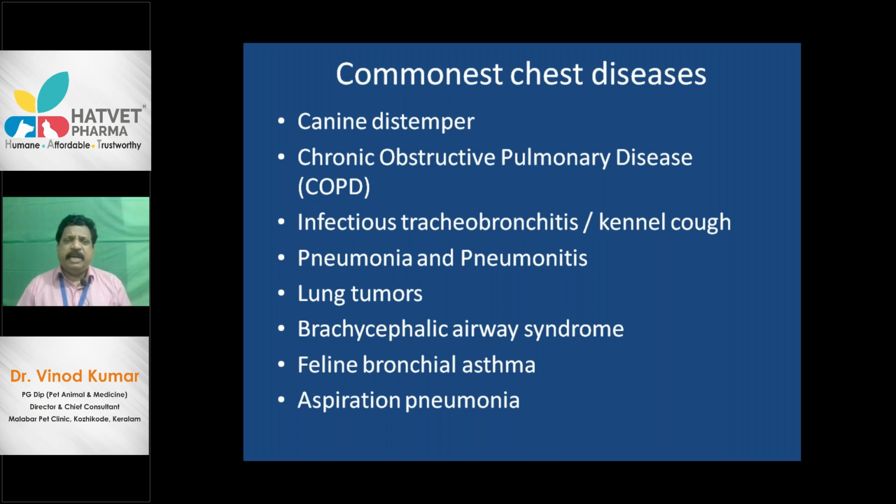Of course, it will be coughed and expelled out. But if it is severe, like in the case of bronchial asthma, oxygenate it. In brachycephalic airway syndrome, feline bronchial asthma and aspiration pneumonia, if it is so severe and there is cyanosis of the tongue, give oxygenation.